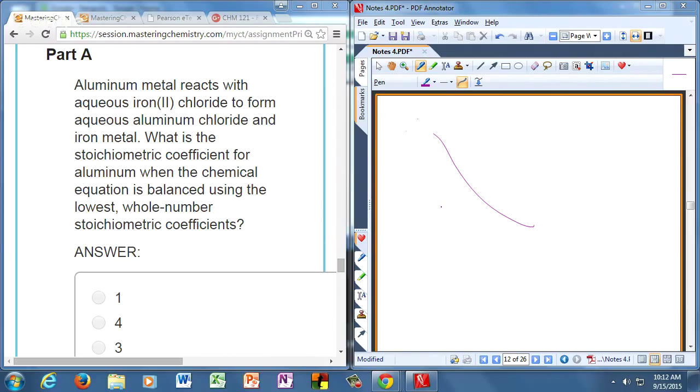So we've got aluminum metal, Al, solid, plus aqueous iron chloride, yields aqueous aluminum chloride and iron metal.